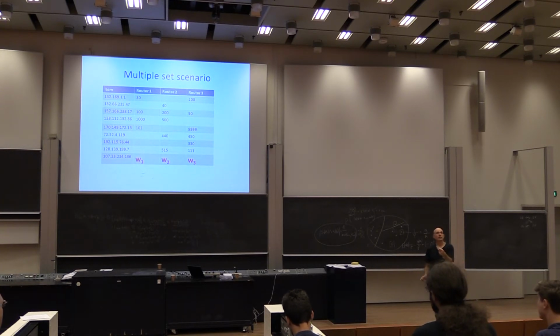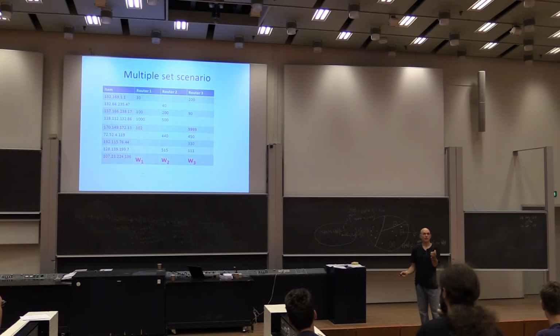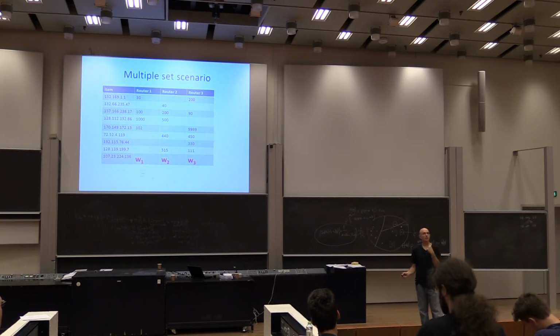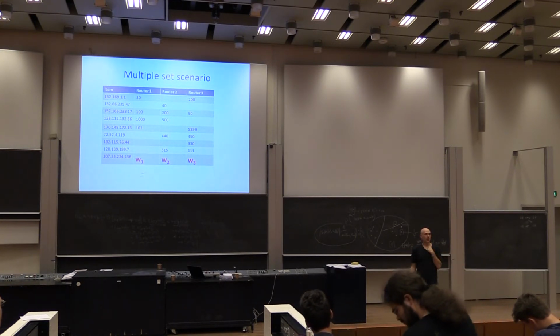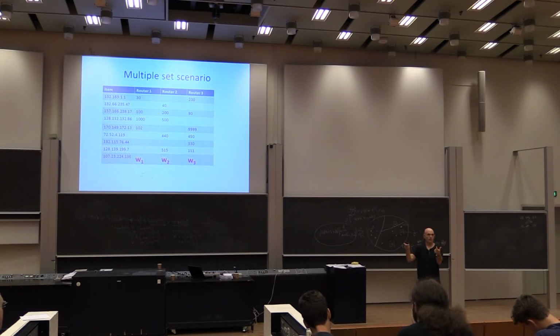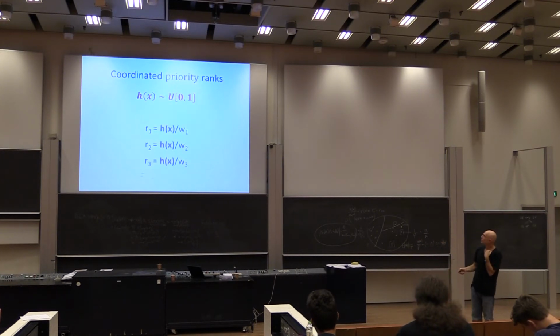They could still agree on the hash function, right? The three routers would agree on the same hash function, but each router would compute its own rank. How would it compute it? It would take the hash function, which is common to all of them, and scale it down by the weight that it sees. So I have the same hash value in all three routers.